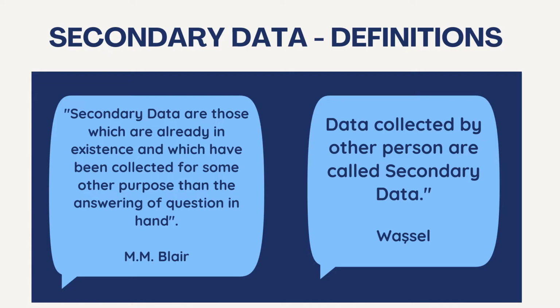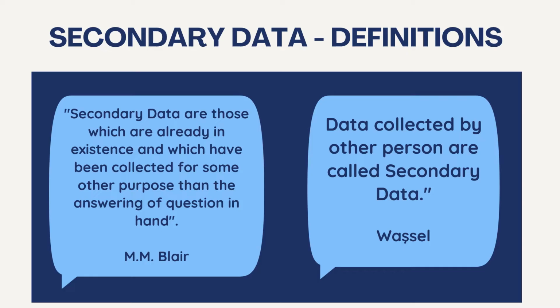Now we will move to the next source, which is secondary data. There are also two definitions. The first, given by Blair, says secondary data are those which are already in existence and which have been collected for some other purpose than the answering of the question in hand.